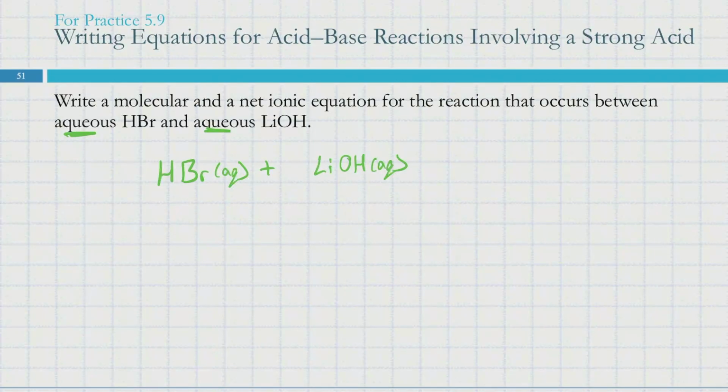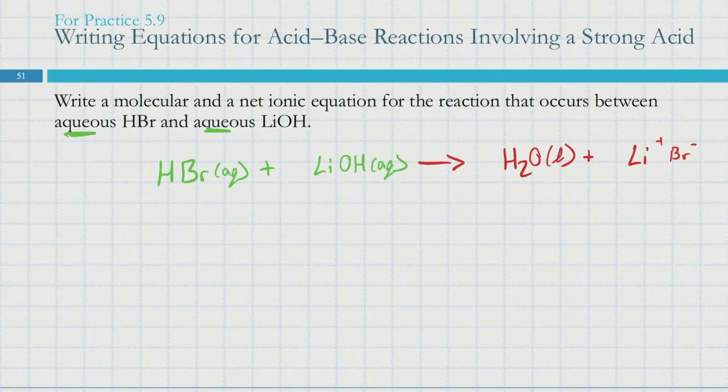What is one of our products going to be when we have a reaction between an acid and a base? Water. So this goes to produce H2O as a liquid. And what's the other thing? A salt. In this case, the salt that's formed from lithium ion and bromide ion.